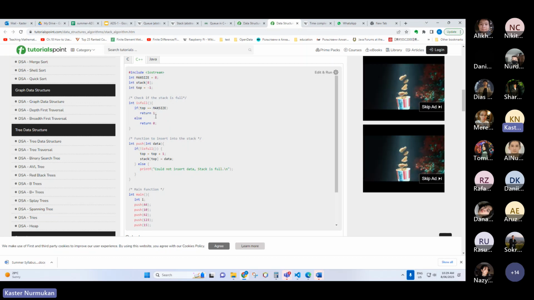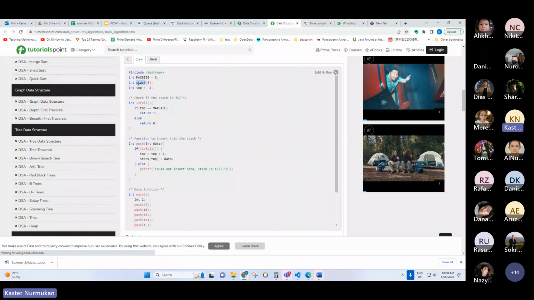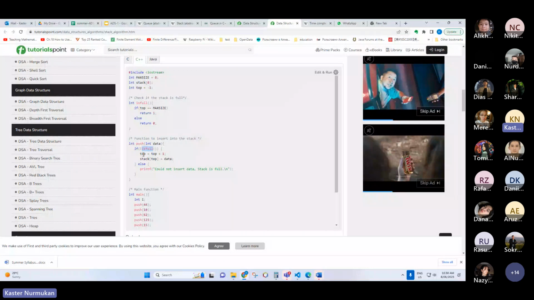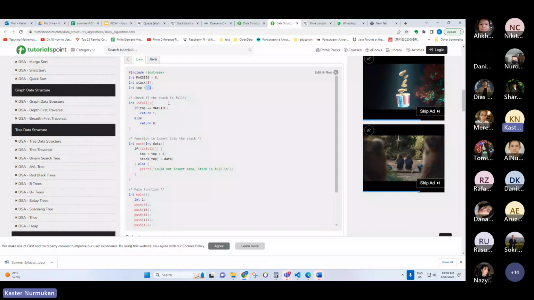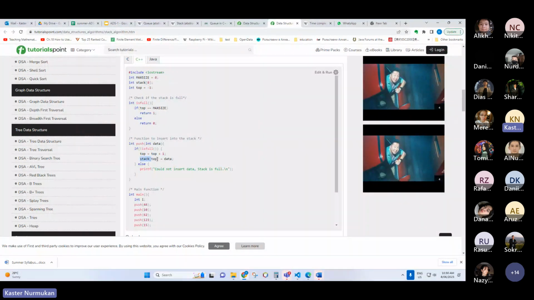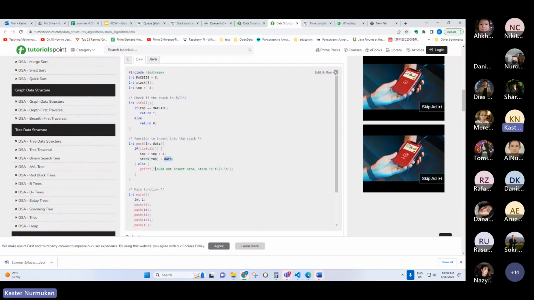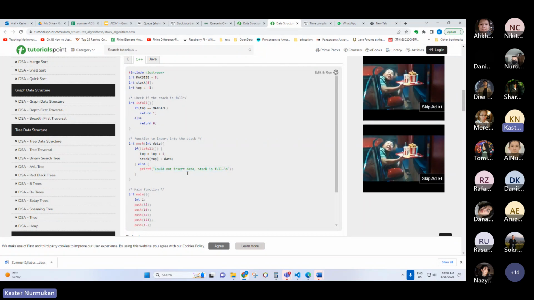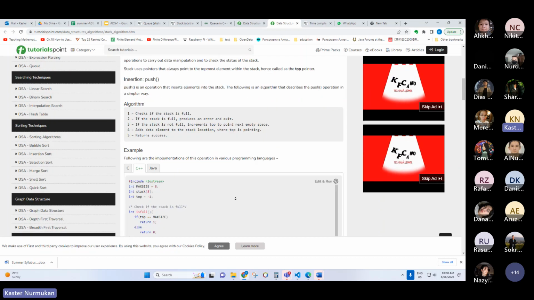You cannot put anything else. But push means, if it's not full, because this is the size, then you need to add 1 to the initial value of -1. It's added 1, which means 0. Then you need to put this in the 0 element, right? So if it's full, that means you cannot add any element. Okay, that's interesting. And that's it. All right, that's a push.